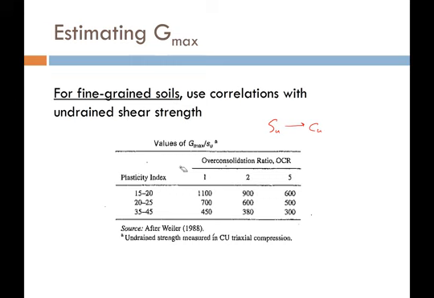You should interpolate between these tabulated values, and they'll give you a good estimate of this ratio. Once you get this ratio, multiply it by the undrained shear strength, using consistent units, of course, between the undrained shear strength and the shear modulus.